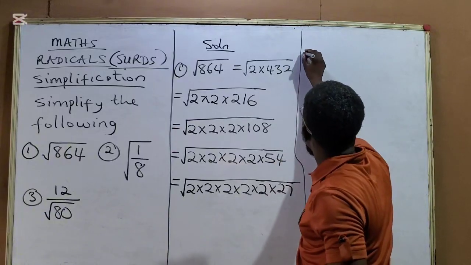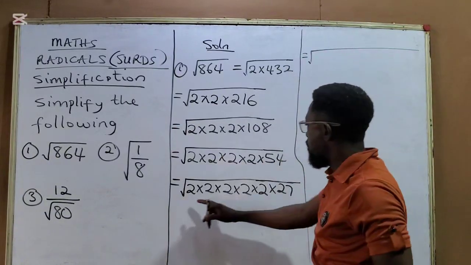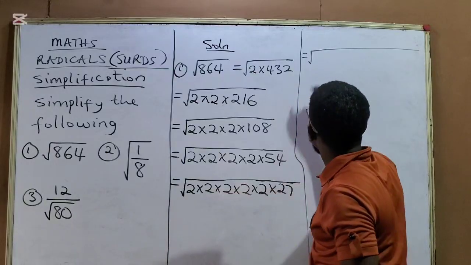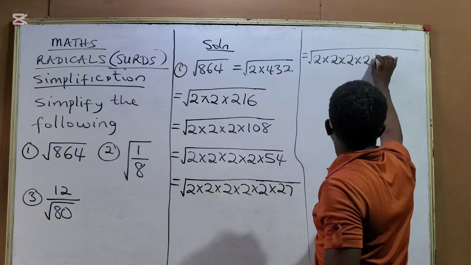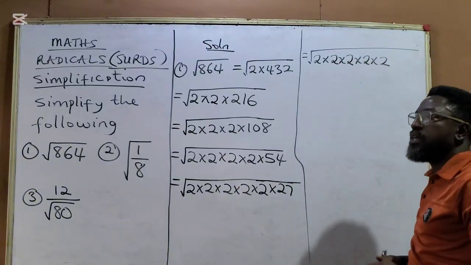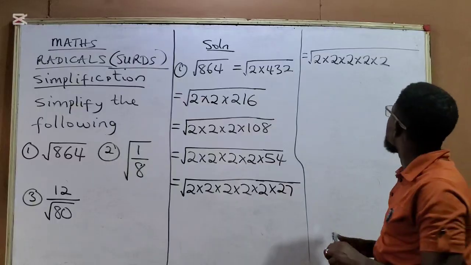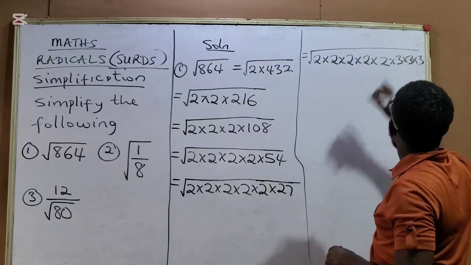We have 1, 2, 3, 4, 5 twos. Now, 27 you can write as 3 times 3 times 3.